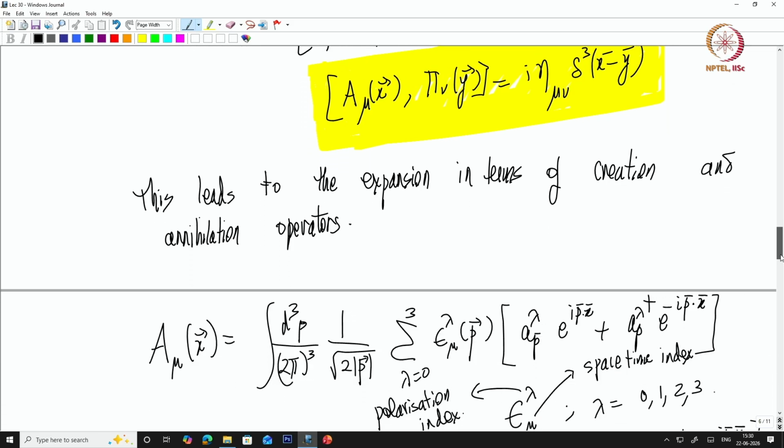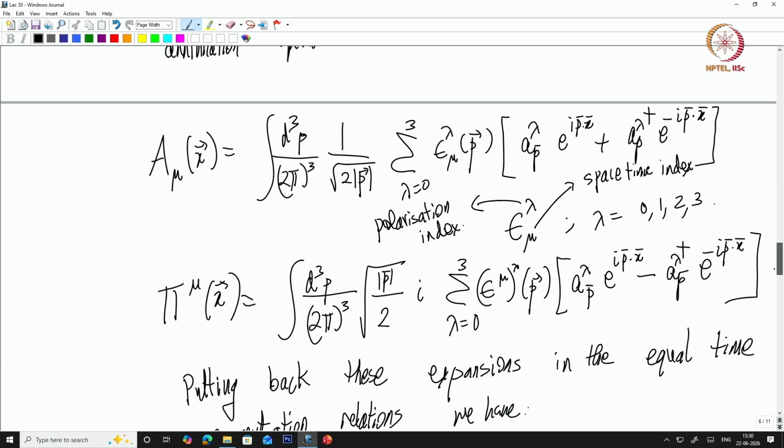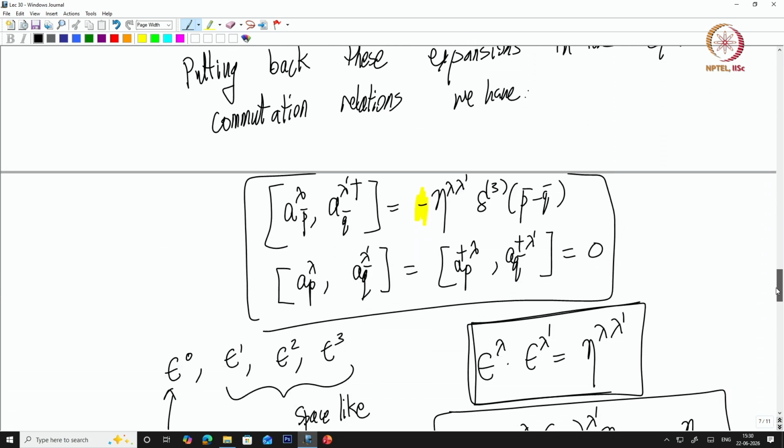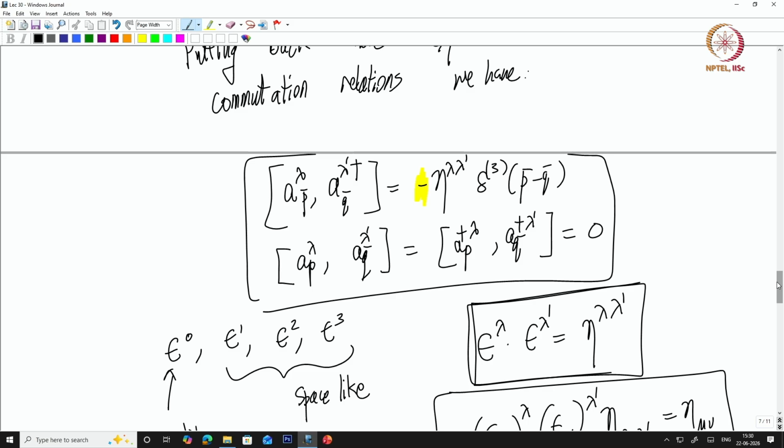We do the expansion in terms of the creation and annihilation operators, and putting this expansion back into the equal time commutation relations, we end up with commutation relations of this type, where there is a negative sign for the lambda lambda prime terms, which comes from the orthonormal relation of the polarization vectors.